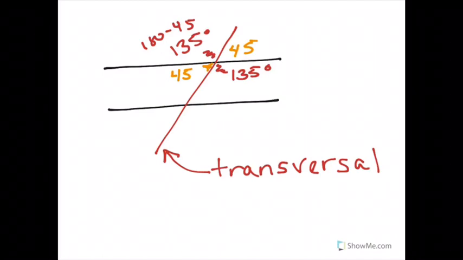So the adjacent angles, adjacent means side by side. They share a wall. So this angle is adjacent to this angle. And the two adjacent angles in a straight line, as long as they form a full straight line, will equal 180 degrees. And that makes up our supplementary sum of 180 degrees.